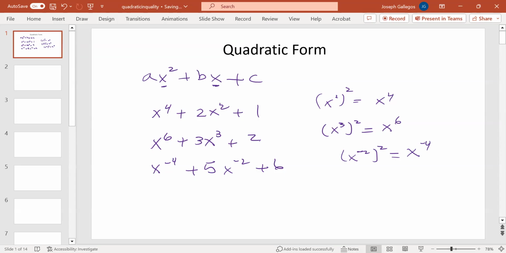So if we have, say, x to the negative 2/3 plus 4x to the negative 1/3 plus 3, if we take that x to the negative 1/3 and square it, we use the property of exponents where we multiply them together. We get x to the negative 2/3, which is the first variable. So looking for quadratic form, that's the kind of relationship we want to look for.